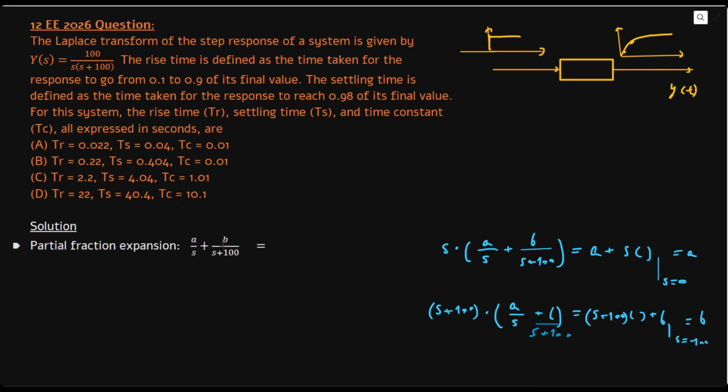In order to find out the value of b, we can multiply this expression, which is equivalent to this one, by s plus 100. It will cancel out this denominator, leaving us with something that is multiplied by s plus 100 plus b.